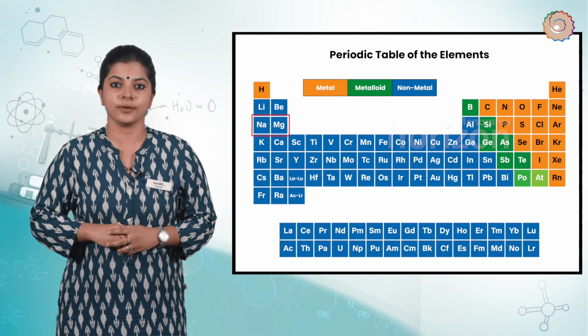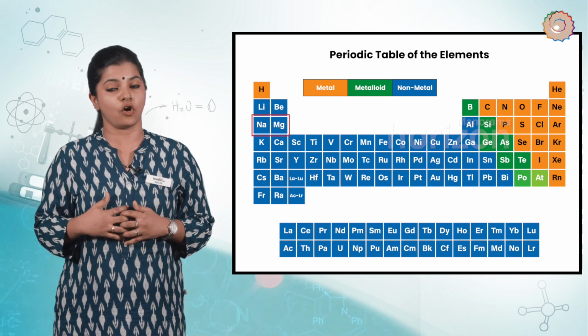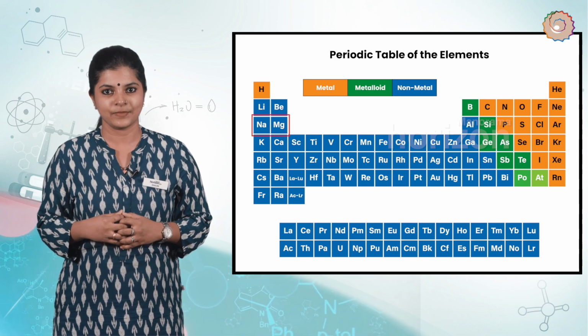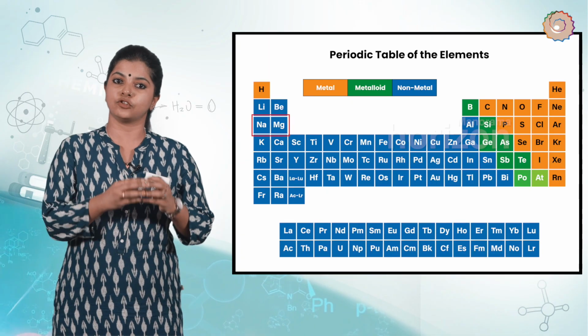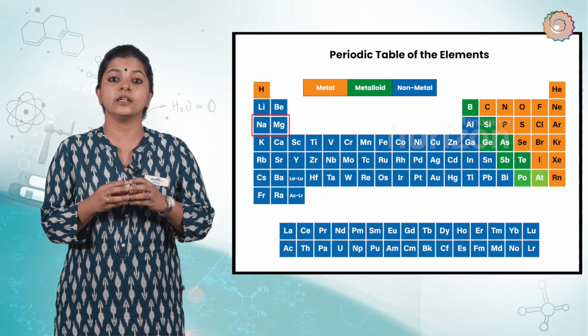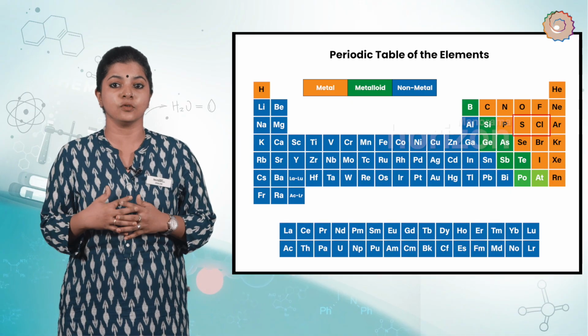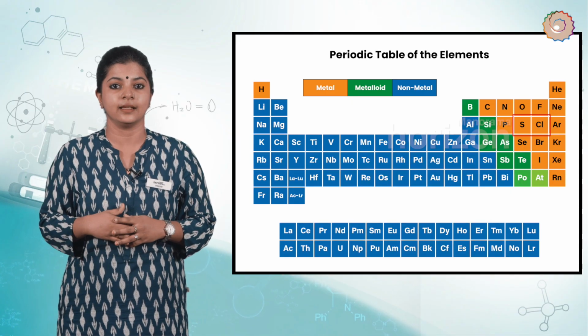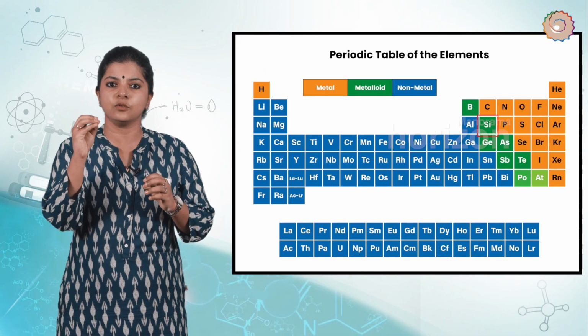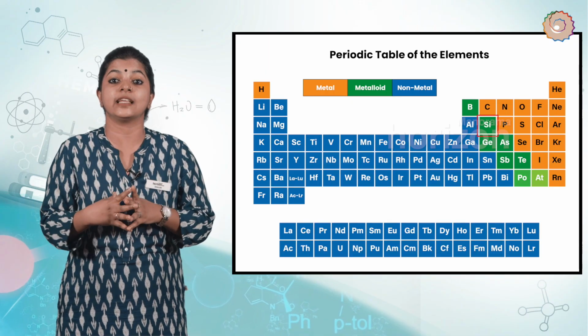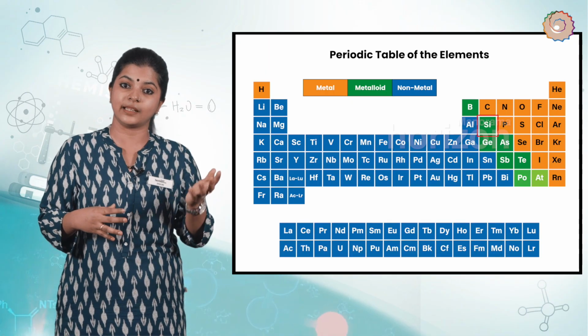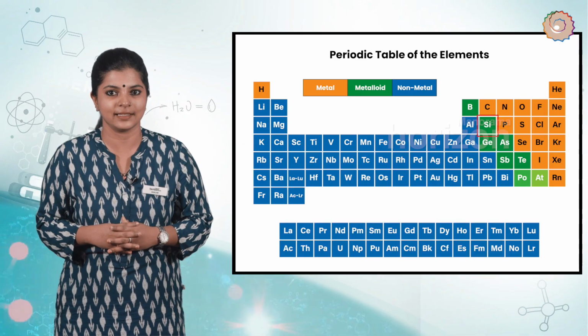Moving on to the third property of elements, which is its metallic or non-metallic character. As we can see, metals like sodium and magnesium are towards the left hand side of the periodic table, while non-metals like sulfur and chlorine are found on the right hand side. In the middle, we have silicon, which is classified as a metalloid because it exhibits properties of both metals and non-metals.